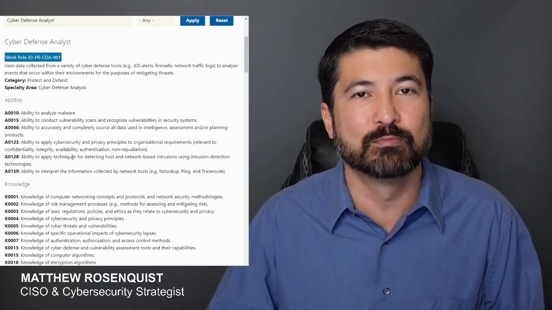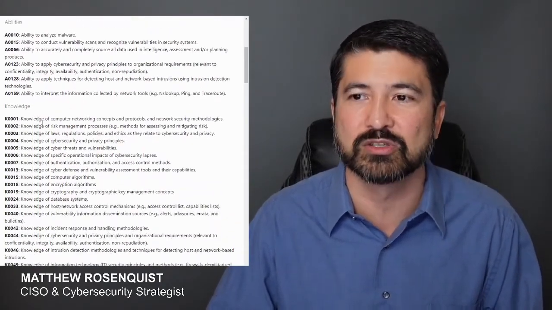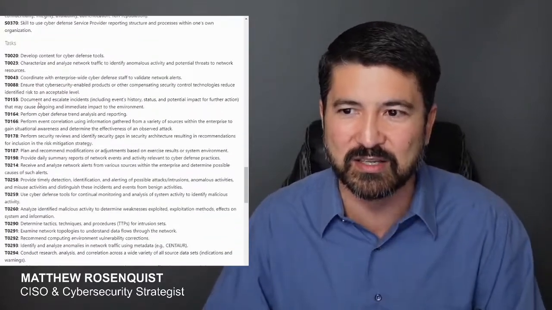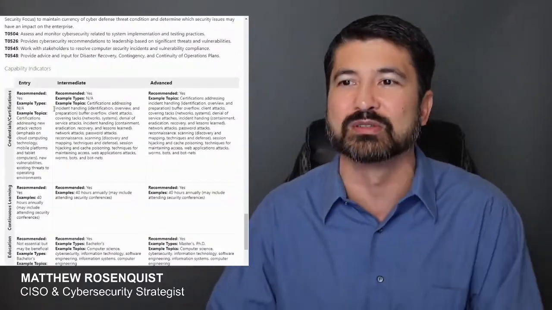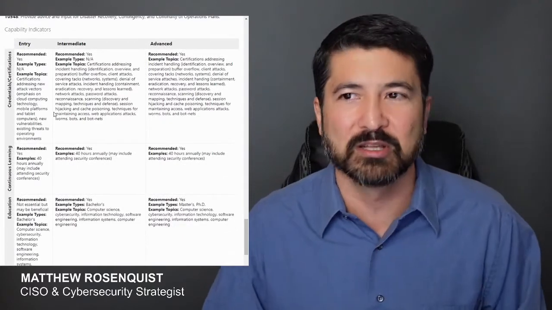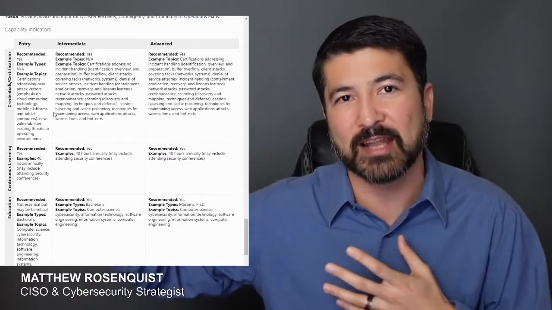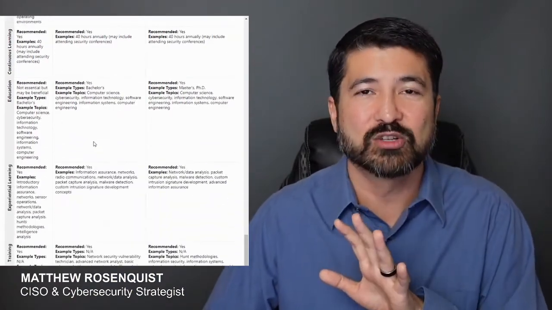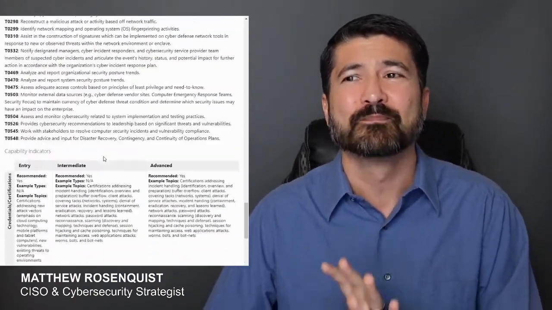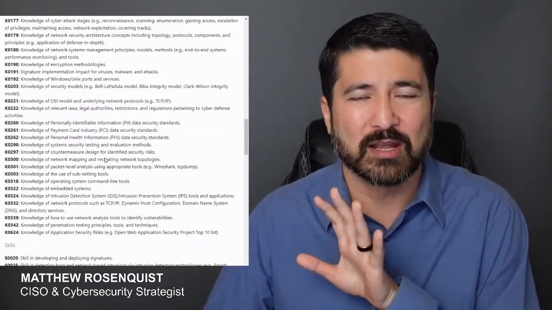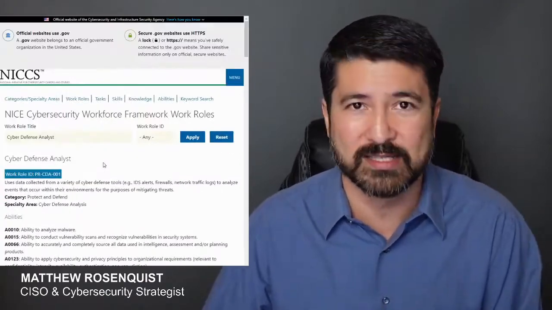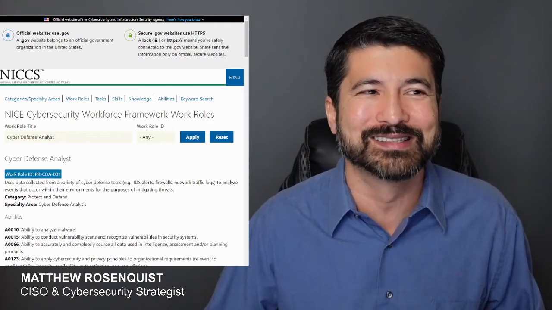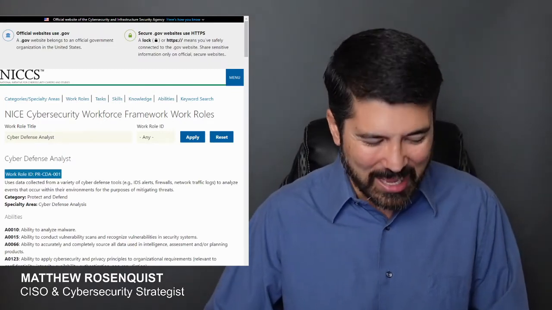It shows you the abilities. It gives you a listing of those. It shows you the knowledge, the type of knowledge this role needs. These are the skills. These are the tools. And here are the capability indicators for entry, intermediate, and advanced in this skill set. So this provides a tremendous amount of information and resources if you really want to dive in. If you want to go down that rabbit hole, by all means, you are welcome to do that.